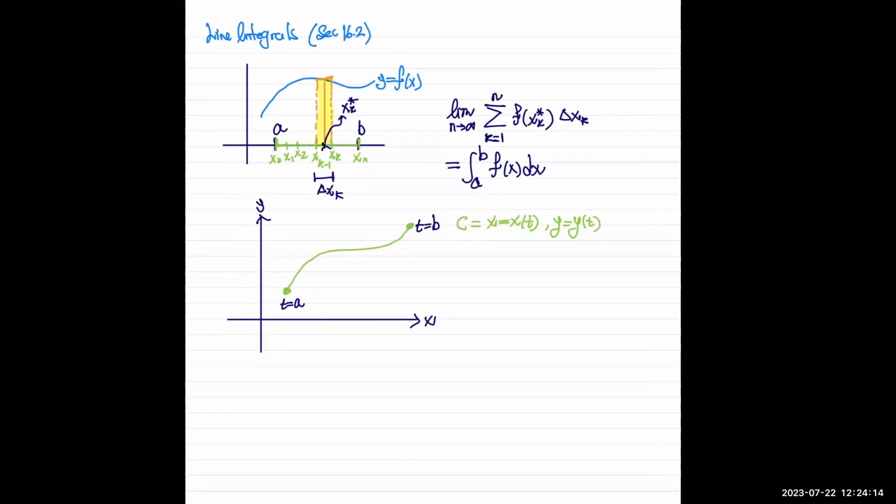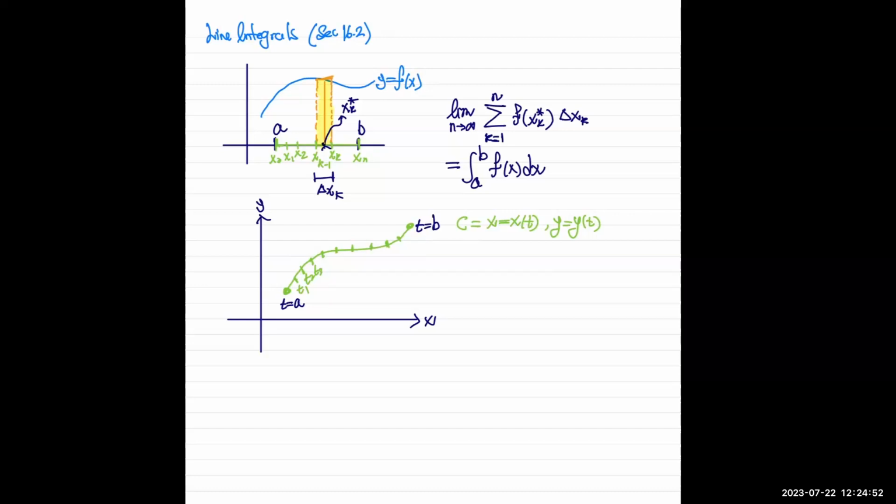All right, so again, we break this curve into sub-curves. As we did break the interval a to b into n partitions, we partition this into n sub-arcs. So for example, that would be T1, T2, T3, and so on. Now notice that here we don't have a delta x anymore.